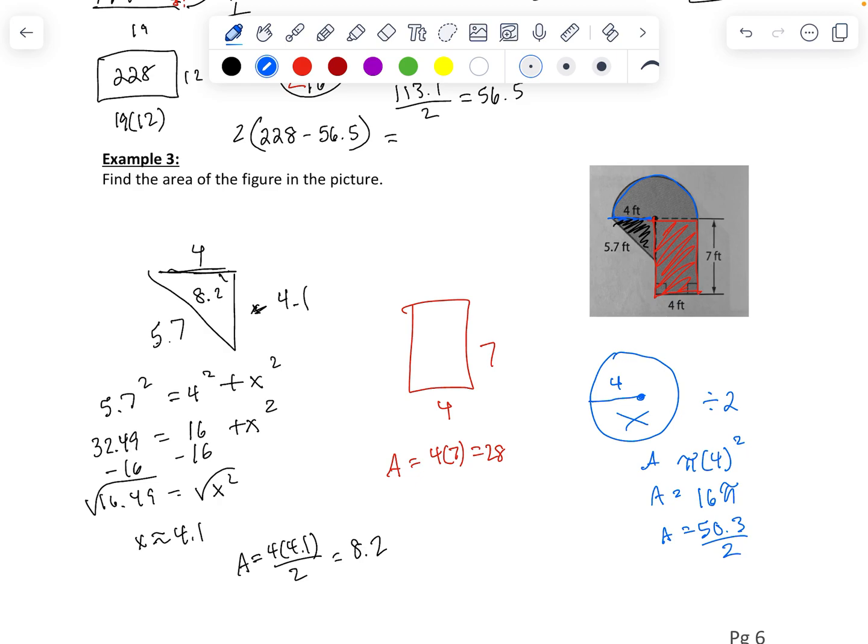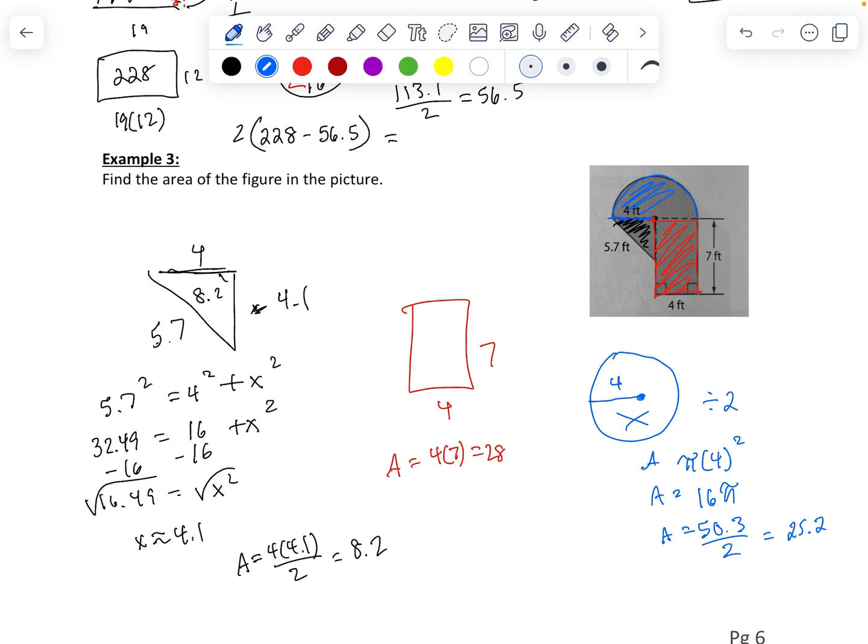And then depending on how you rounded, you either got 25.2 or 25.1. I rounded up to 50.3 divided by 2. And I got 25.2.